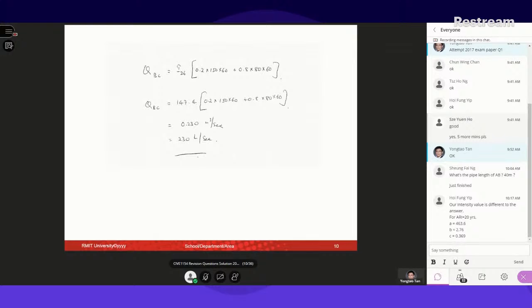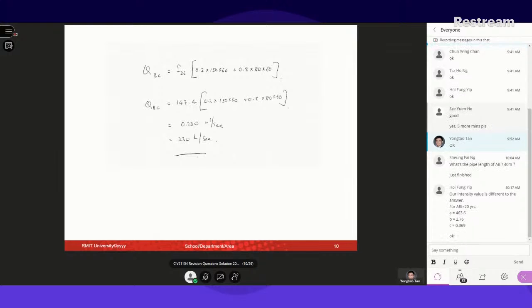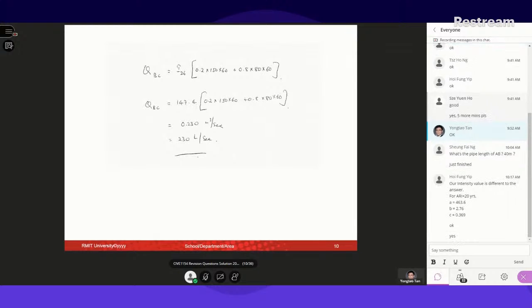I think you use the manual 2018, right? It's fine, but because this is the 2017 exam paper, they use the old version of the stormwater measurement manual. So in the old version, the ABC values are different.